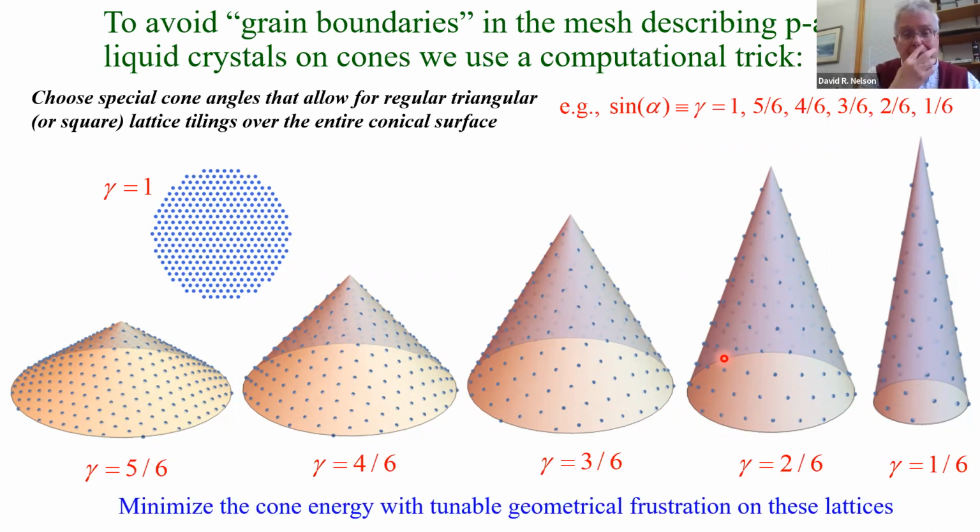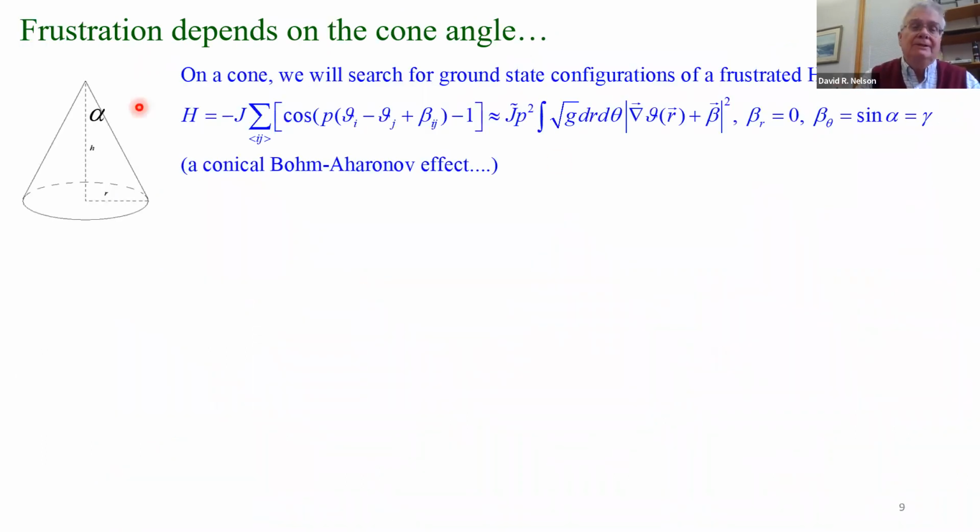We're going to be minimizing the cone energy with a kind of tunable geometrical frustration, which is going to show up in terms of a kind of Christoffel symbol. This is the lattice analog of the kind of vector potential that comes into this conical Bohm-Aharonov effect. And so here's this vector potential.